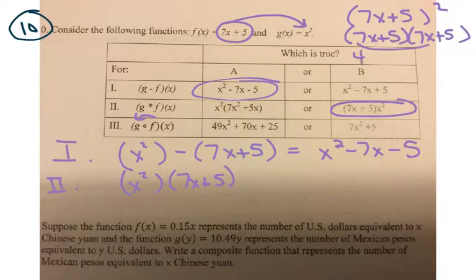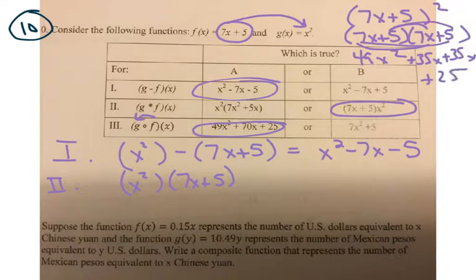So you would get 49x squared, plus 35x, plus 35x, plus 25. The two terms in the middle are like terms, and they add up to be 70x. And that's how I know A is the true solution.